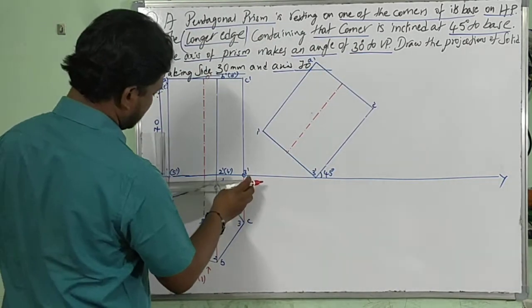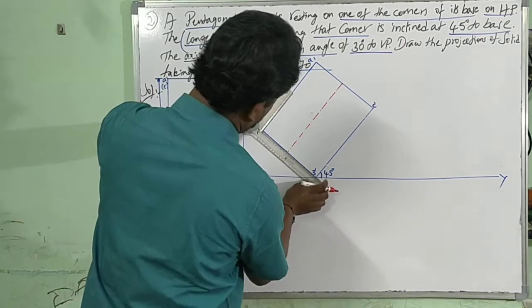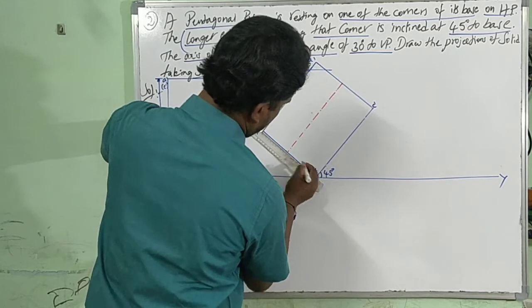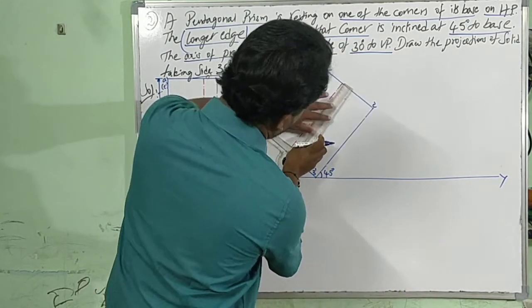Now from 1 dash, same way you can measure the 2 dash point. That 2 dash point will also be drawn.